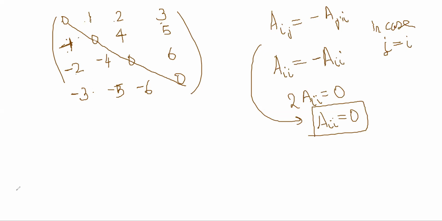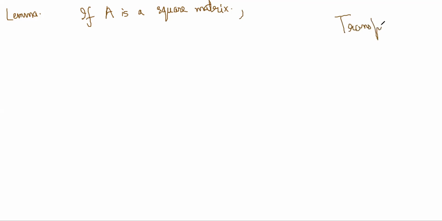Now, can you prove, there is a lemma which says that if A is a square matrix, okay, before this we have to understand what is transpose of a matrix.